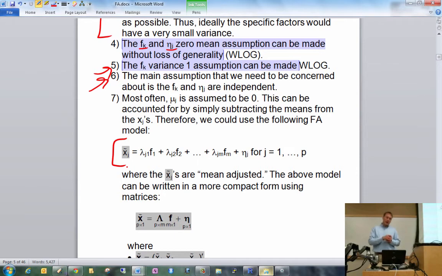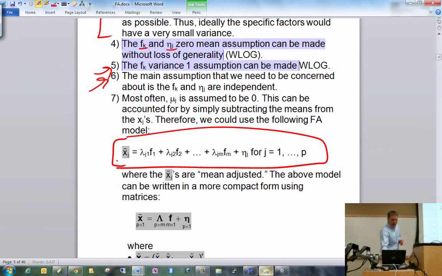Often you will see a factor analysis model in some textbooks represented like this, where instead of an x on the left-hand side, we have an x tilde, which is just a convenient notation for the mean adjusted x's. So take an x, subtract off its mean, and you get an x tilde. Again, you'll often see factor analysis models represented in this manner. It's not a big deal. It's just a different way to represent the model.